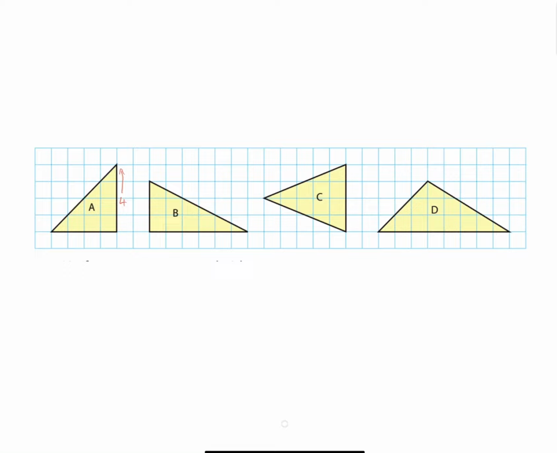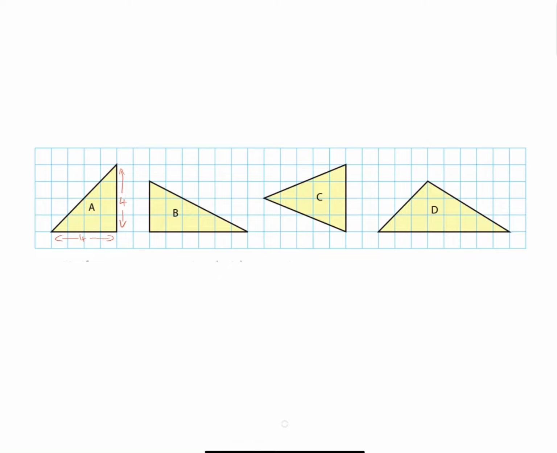Doesn't matter what, 4 centimeters, 4 meters, doesn't matter, but 4 tall. And across it is 1, 2, 3, 4. So it's also 4 across. And that's the base, across the base. So now we know that it is 4 tall and the base is 4.